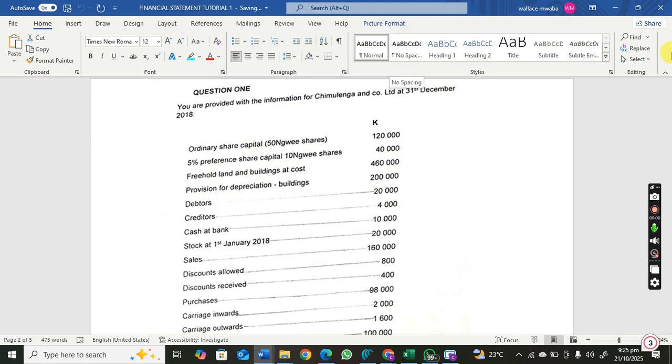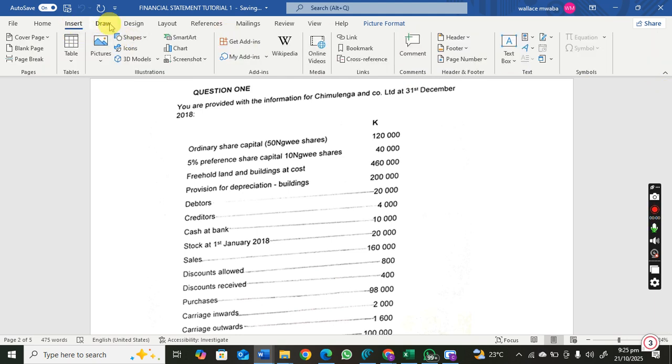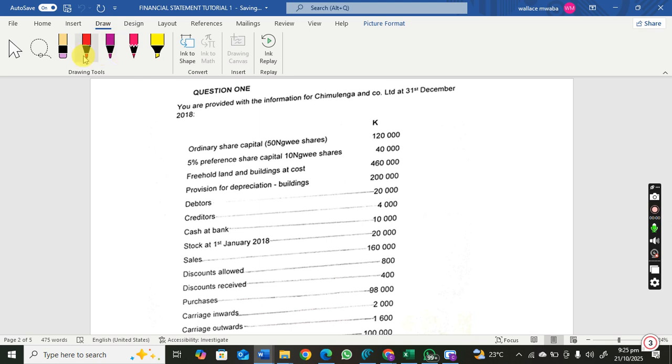Get your papers and pens. I just want you to draw this diagram here. This diagram will help you whenever you are dealing with these trial balance questions.